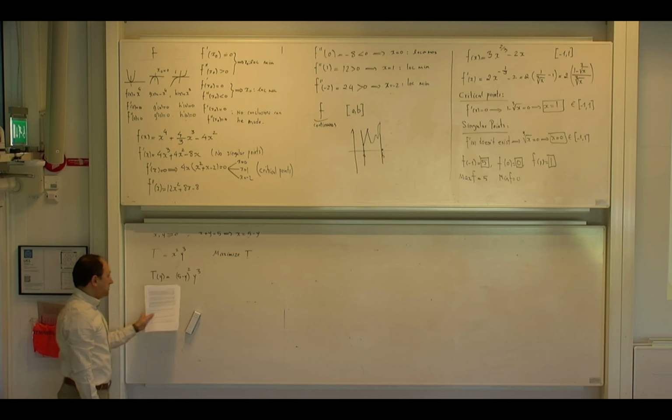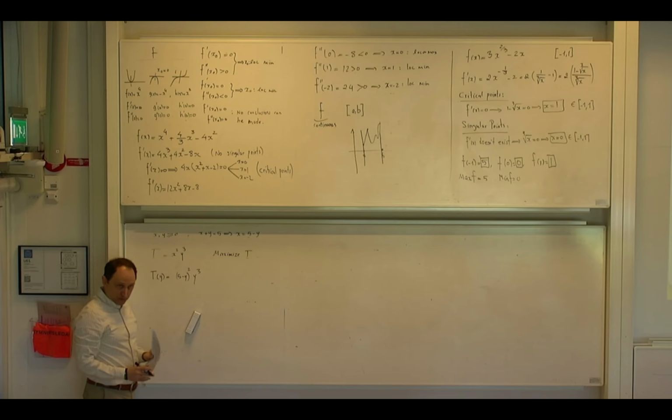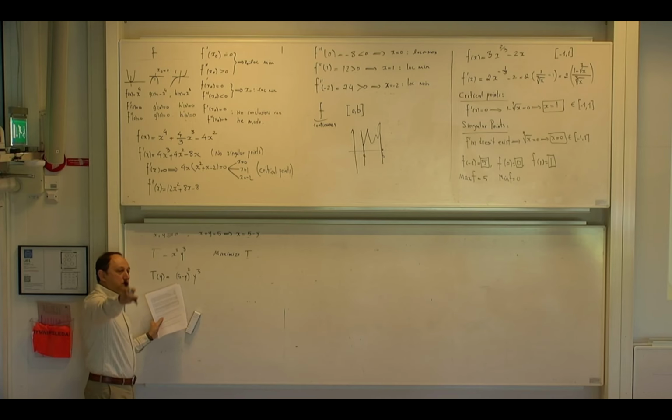So what type of function am I facing? It's a continuous function. Do I have any closed interval in this problem? For example, I know that y cannot be negative according to the problem. So there is a limit from below, and that is 0. But do you think there is a limit also for y from above?